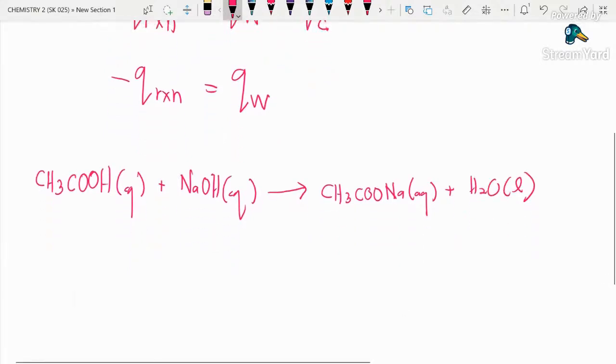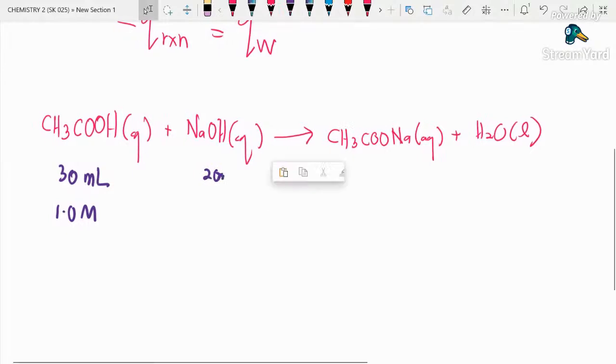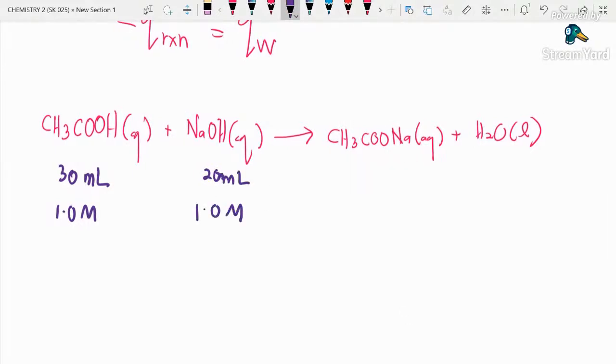Okay. Then kita ada info. Yang ini 30 ml 1.0 molar. Ini 20 ml 2.0 molar.